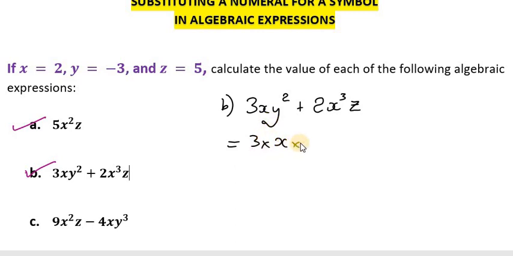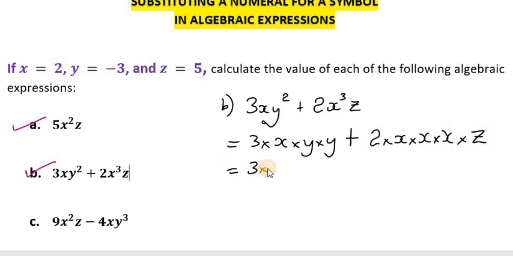So we can say 3 times x times y squared, and y squared can be written as y times y. So instead of writing y squared, we can simply write y times y. Plus 2 multiplied by x times x times x multiplied by z.